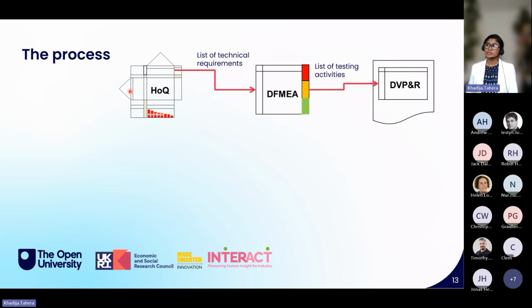From this analysis, the list of technical requirements goes to the engineers, who are more interested in the technical and risk aspects of the product: how to design the product, how to verify and validate the product, and how to make sure I designed a product that's going to do what it does, as Andrew said previously.